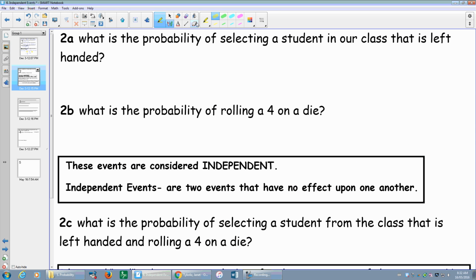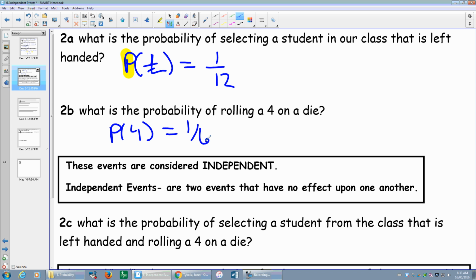So the next piece here, what is the probability of selecting a student in our class that is left-handed? We know what that is. The probability of left-handed is 1 over 12. What is the probability of rolling a 4 on a die? So that's 1 die. What's the probability of that? 1/6.